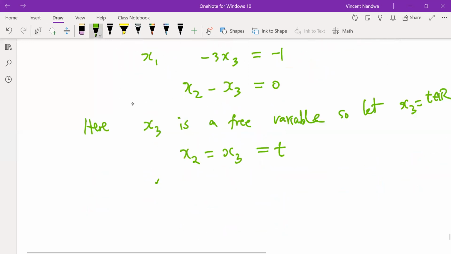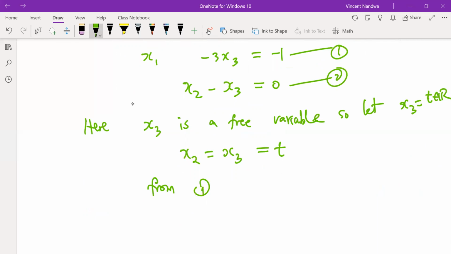And from equation 1, x1 is -1 plus 3x3, which means x1 will be 3t minus 1, because x3 is taken to be t.